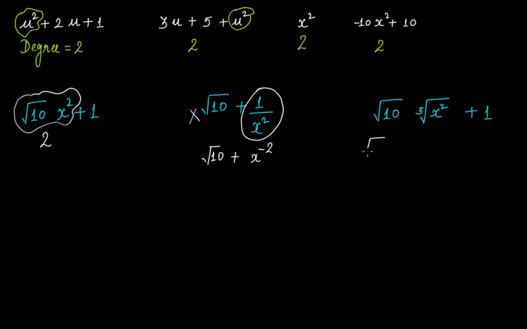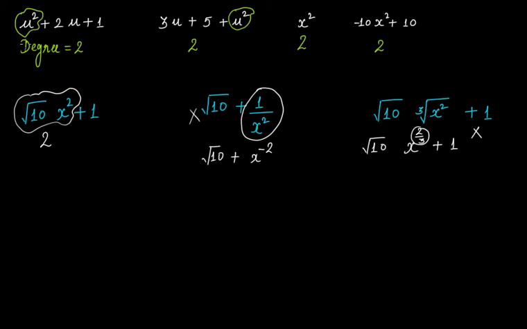This is square root of 10, that was fine, but this is actually cube root of x squared. Now cube root of x squared means what? x raised to the power of 2 by 3 and then plus 1. Now this 2 by 3 is not a whole number. That is why even this is not a polynomial. So we don't have to think whether this is a quadratic polynomial or not, because it's not a polynomial in itself. Okay.